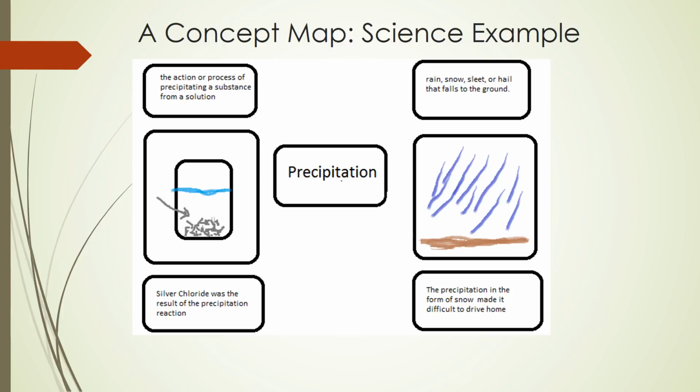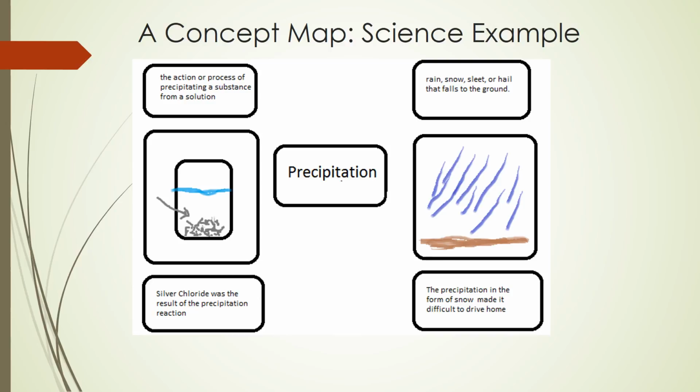So we have the action or process of precipitating a substance from a solution. And we see precipitate in a solution, as in chemistry, and silver chloride was the result of the precipitation reaction. Opposed to that, we have rain, snow, sleet, or hail that falls to the ground, and a picture of that occurring.